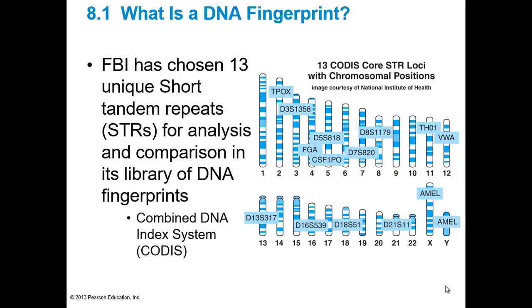CODIS stands for the Combined DNA Index System, and this is something that happens if you commit a felony: automatically a blood sample is taken, and then you're entered into the CODIS database.